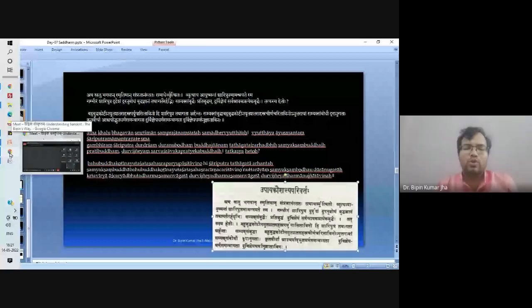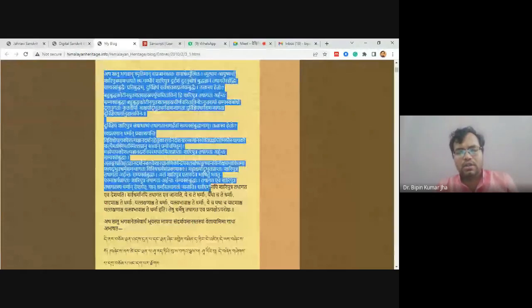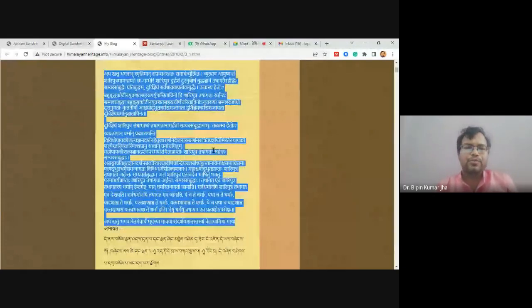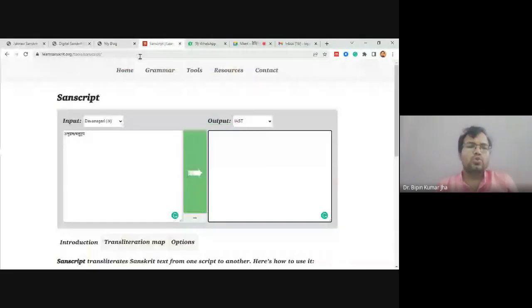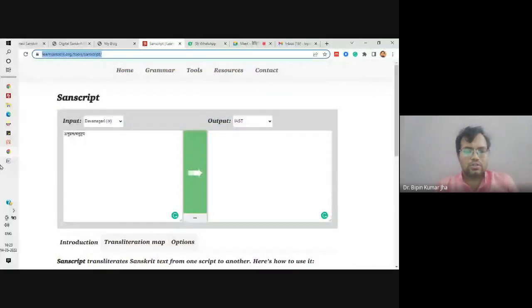if you are not even able to identify the characters, you just copy it. There is one different computational tool. You just go to this tool, which is this one.